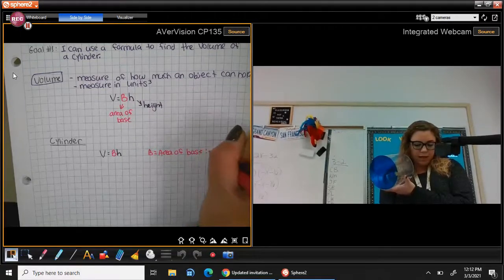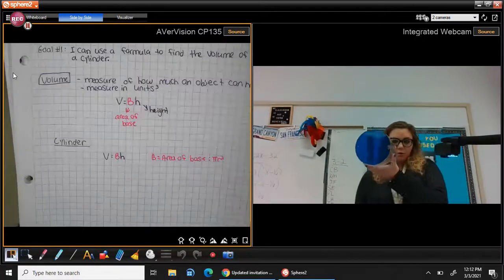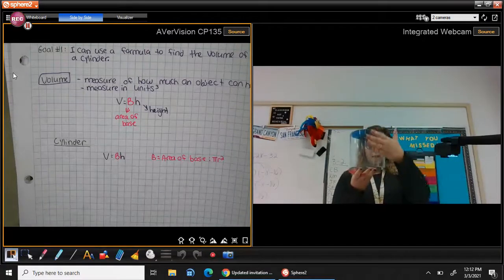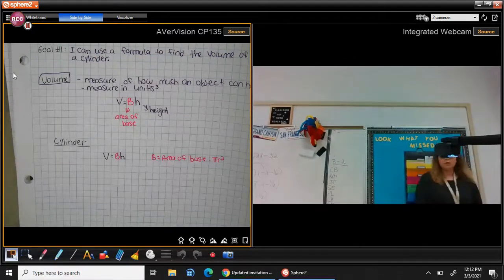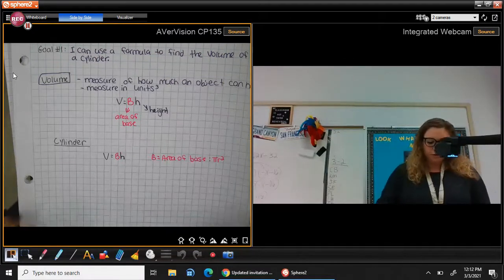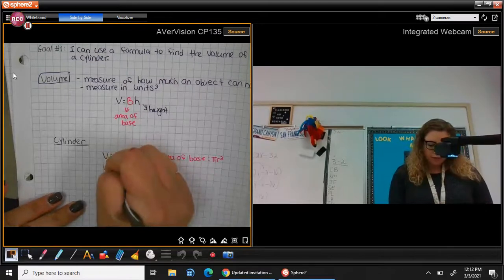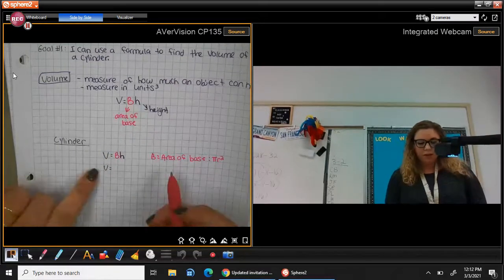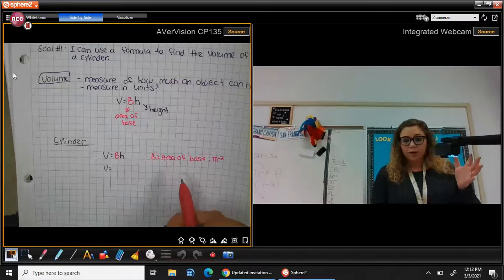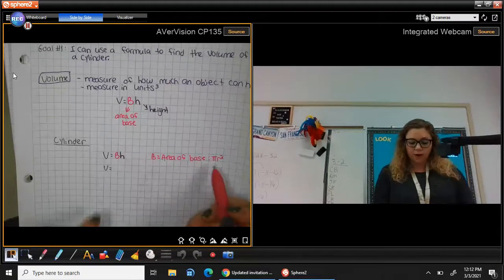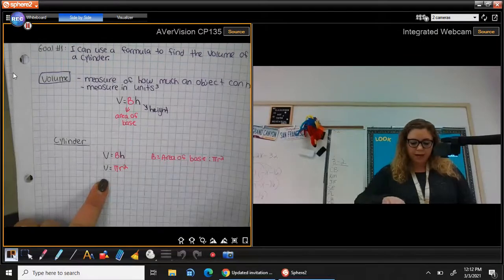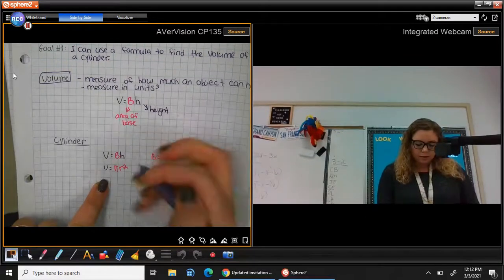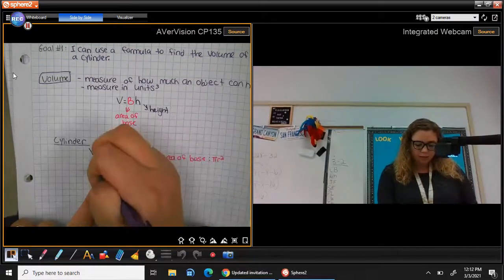It is pi r squared, times how high it is. So the formula we're going to use is V equals the area of the base, and we're talking about a cylinder, the base being a circle, which is pi r squared, times how high it is.